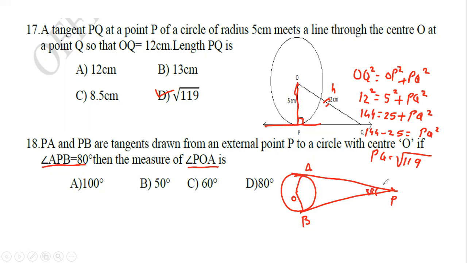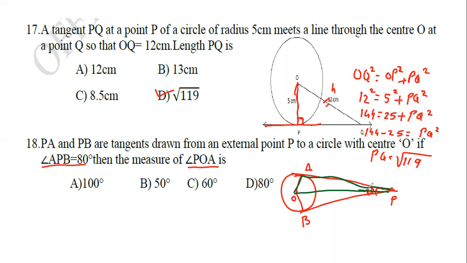Here you need to find out angle POA. P from starting here, so it will be continuous. So POA. You need to find out only this portion. Is it right?